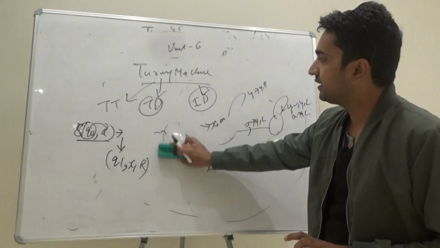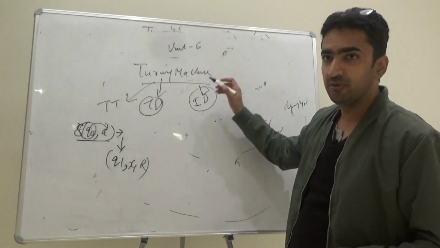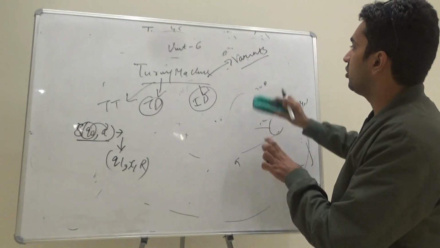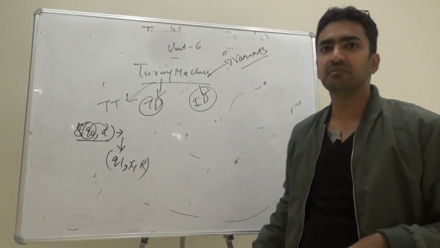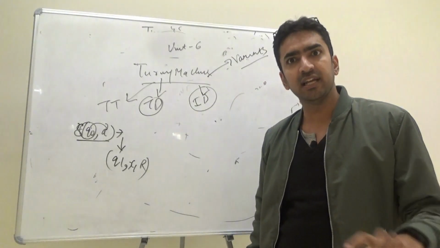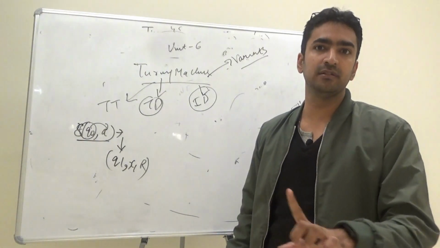Apart from that, there are many topics like representation of Turing machine. There are many variants of Turing machines. Your variants of Turing machines can be multi-tape Turing machine, multi-track Turing machine, and non-deterministic Turing machine. Again, non-deterministic and deterministic, the meaning is clearly the same.